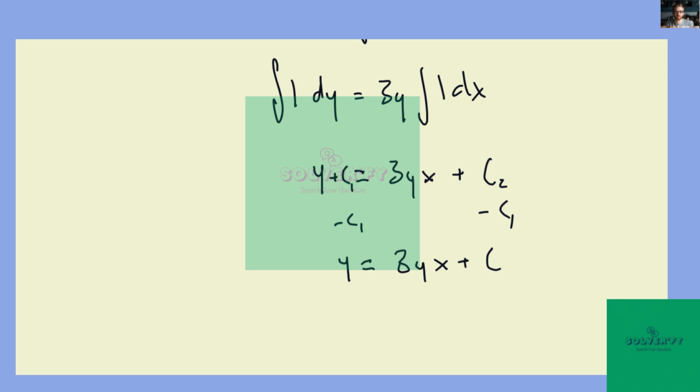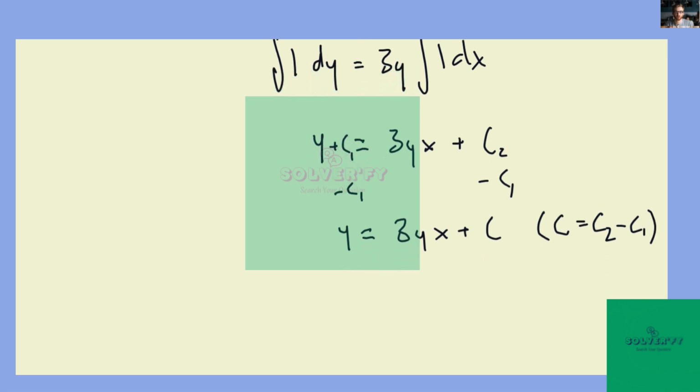This is just going to be our c from here on out. And if we want, off to the side, we can see c equals c2 minus c1, but it won't make a difference. Basically, you're always allowed to just combine arbitrary constants and not really worry about it, but I didn't want to skip any steps, so I included that.